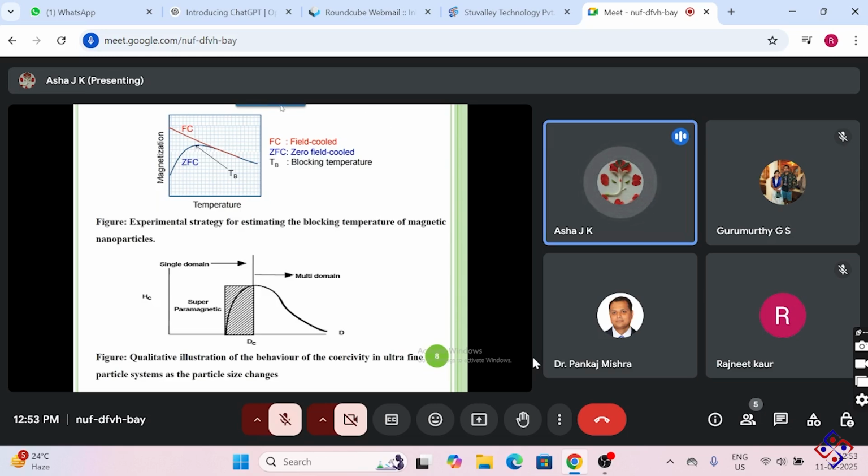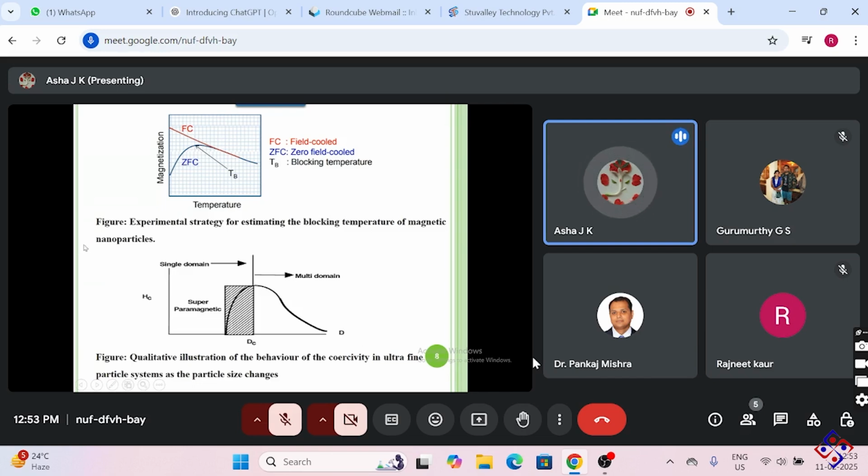The intersection of these two curves, field cooled and zero field cooled, defines the blocking temperature. That means here it is TB, the blocking temperature, which separates superparamagnetic and ferromagnetic behavior.